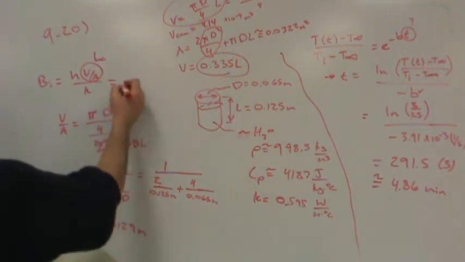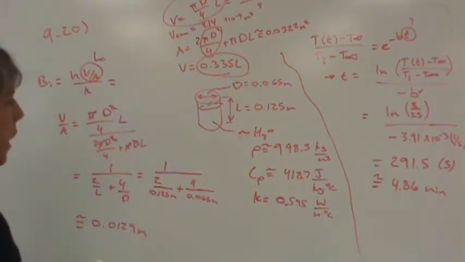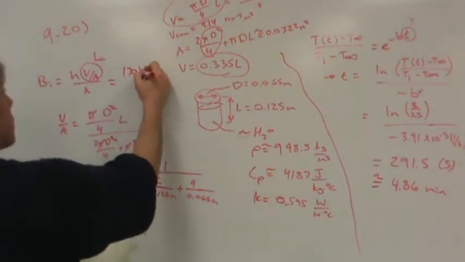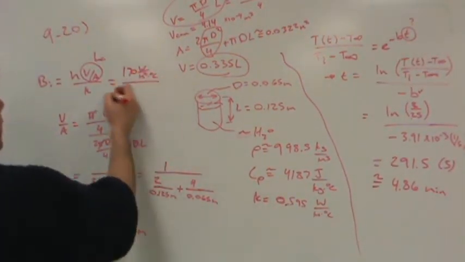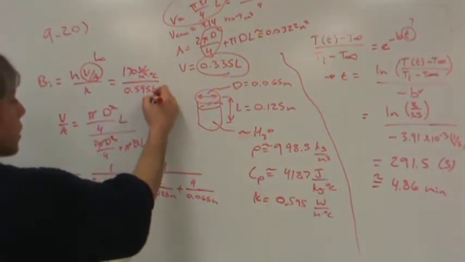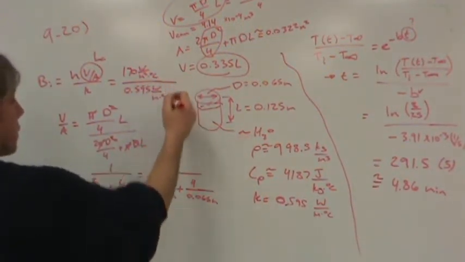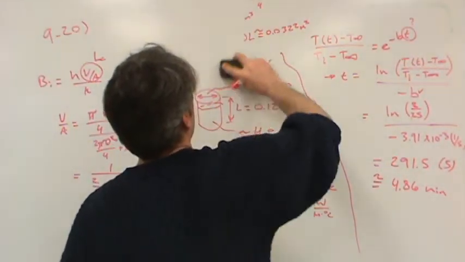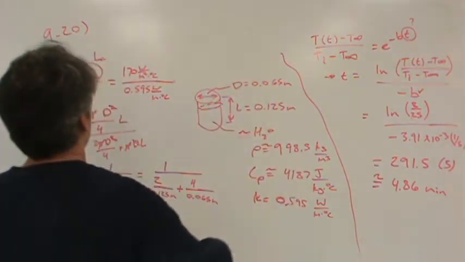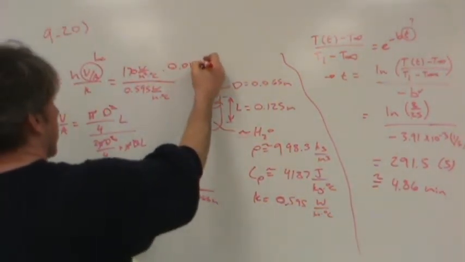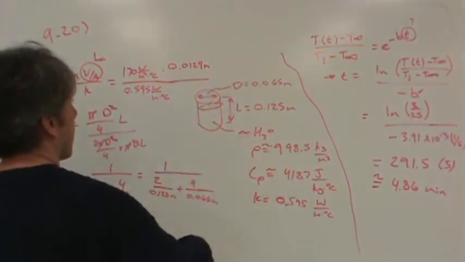Okay. So now all we have to do is plug in h over k, which is 170 watts per square meter per degree Celsius, divided by k, which is 0.595 watts per meter per degree Celsius, and then multiply by the characteristic length. So the characteristic length we just found, 0.0129 meters.